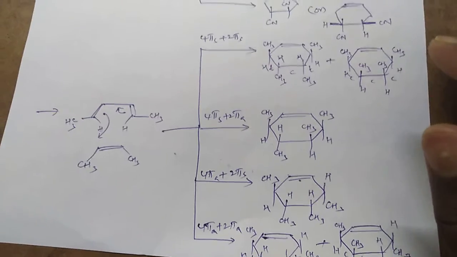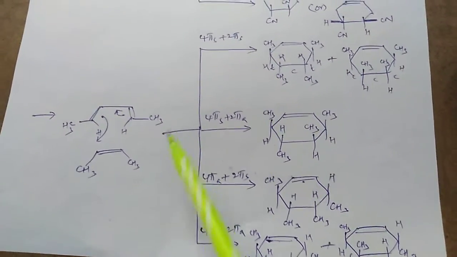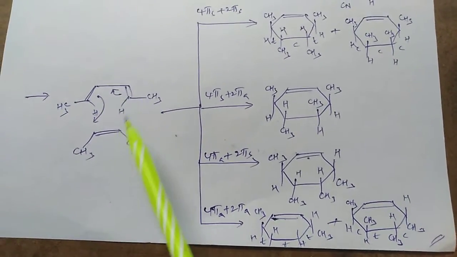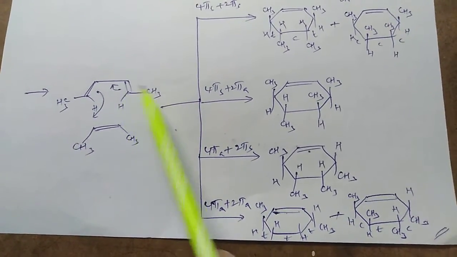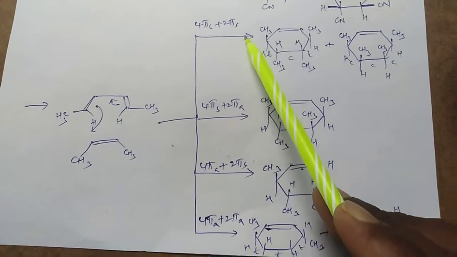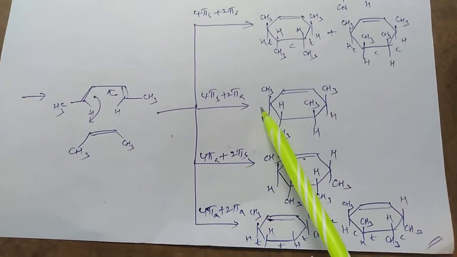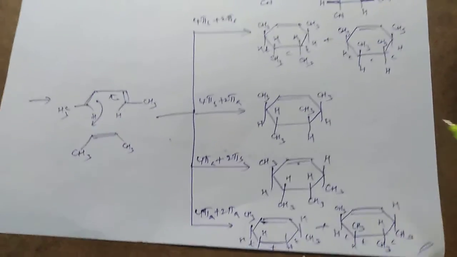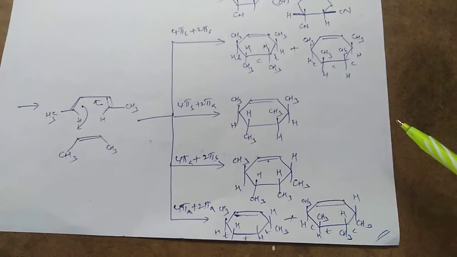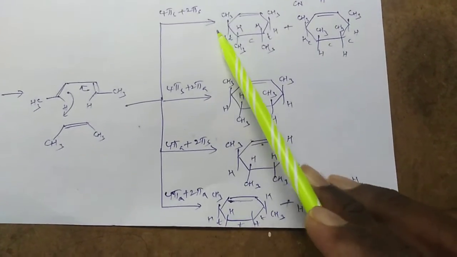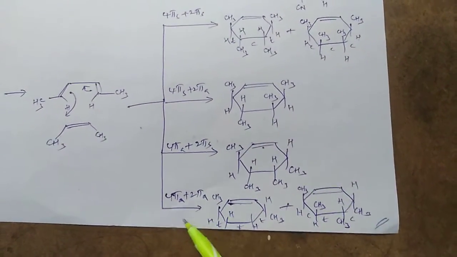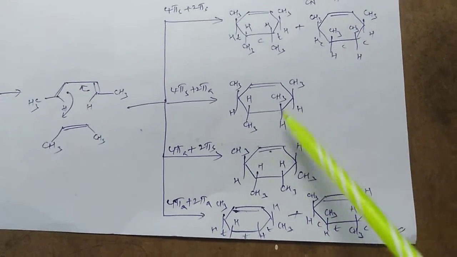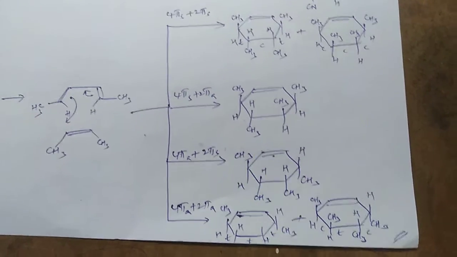And one more example for the 4+2 cycloaddition, with 4 pi electrons in this compound and 2 pi electrons in the other compound. Supra-supra cycloaddition, supra-antara cycloaddition, antara-supra cycloaddition, antara-antara cycloaddition. I already said that in supra-supra and antara-antara cycloaddition, more products are formed compared with supra-antara and antara-supra cycloaddition.